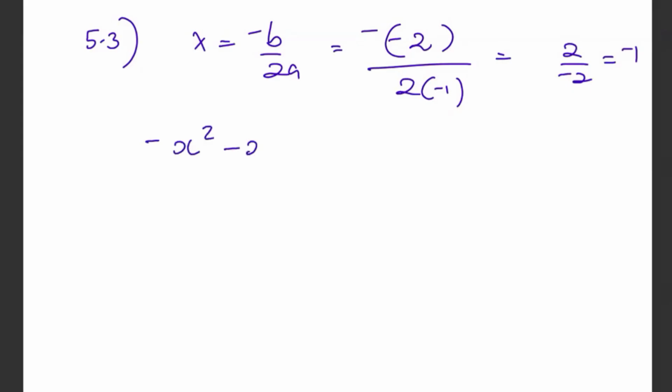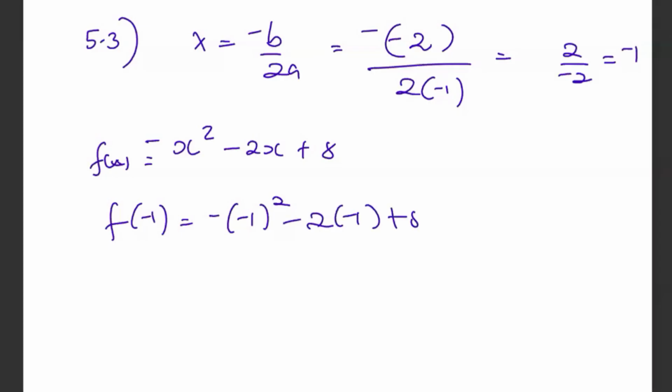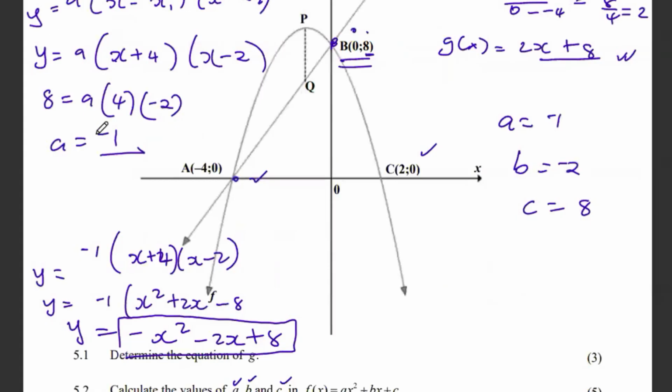Then we just need to substitute this and say what is f of negative 1? So it's negative 1 squared minus 2 into negative 1 plus 8, a negative 1 plus 10, which gives us 9. Therefore, P becomes negative 1 and 9. So you just need to show the steps and the calculations for how to arrive at that point.